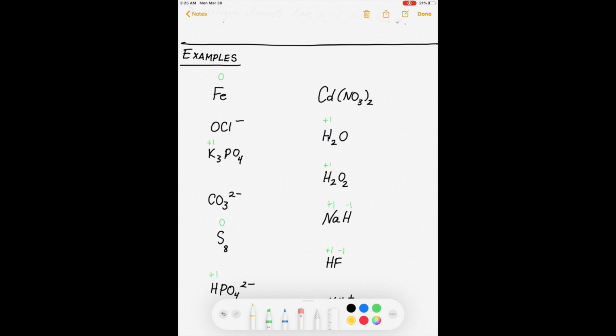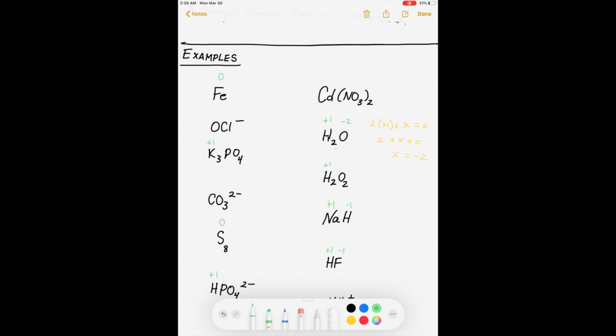So I'm going to take that 2 right there, and I'm going to say 2 times the oxidation number of hydrogen plus whatever the oxidation number of oxygen is, which I don't know, so we'll just call it X. That has to equal the total charge of water, which is 0. So obviously 2 times 1 is 2, plus X is 0, and so X, subtract 2 from both sides, you get X is -2. And so now we know that this guy right here is -2.